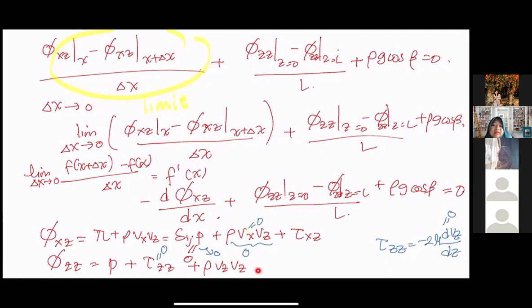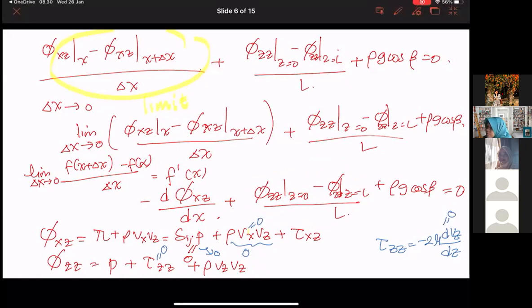Yeah, I think so. Okay. Because there is no change in phi z in the z direction, the value is the same. So if you subtract the similar value, this one would be equal to 0.